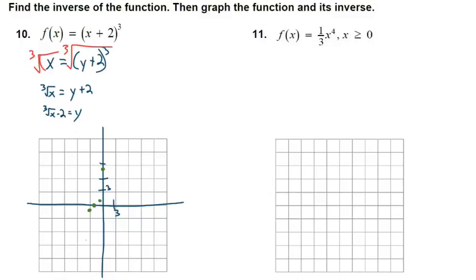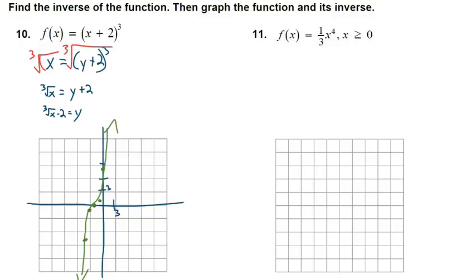So you get a graph that looks kind of like this. Okay. And then the inverse, the cube root. So you got a cube root, but it's moved to the right too.